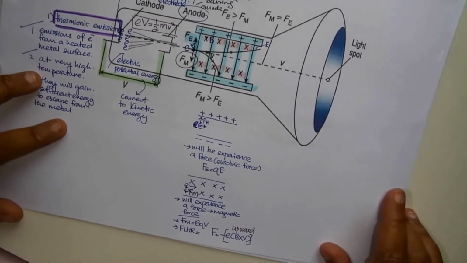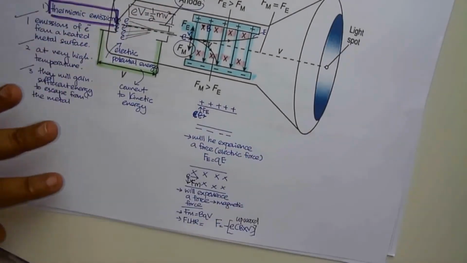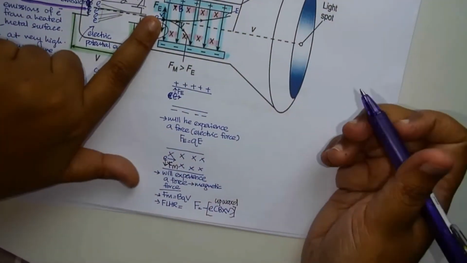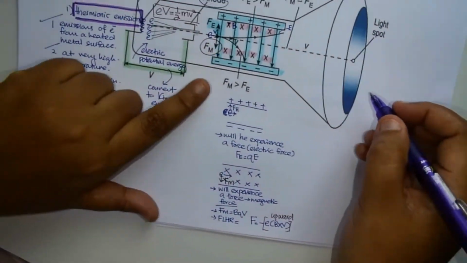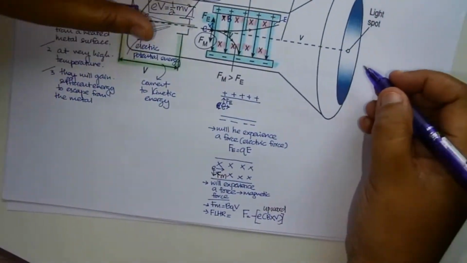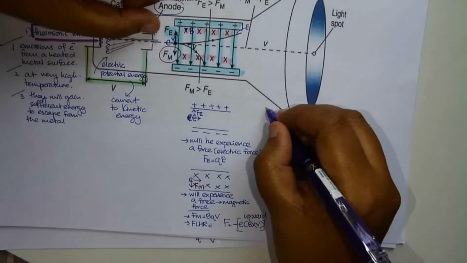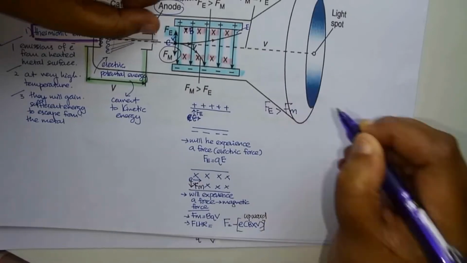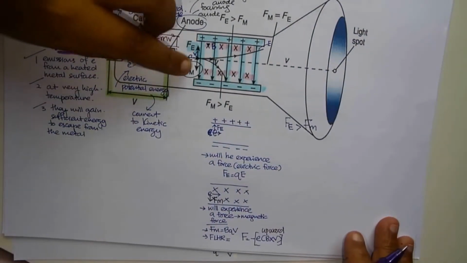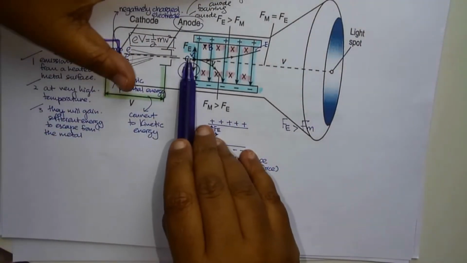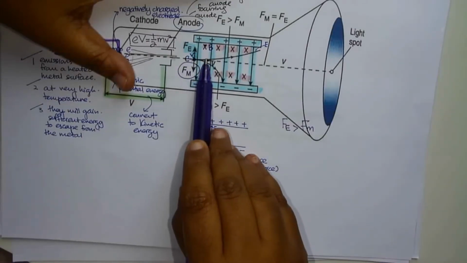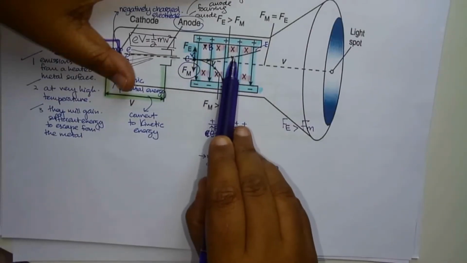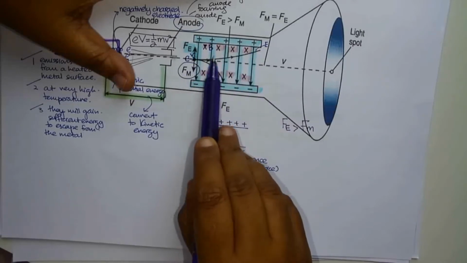Now next, what shall we look at? If F_E is greater than F_M, the electron will follow a parabolic path. So it will follow this path.